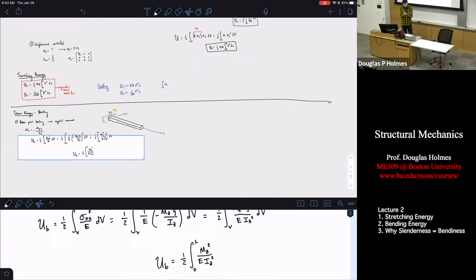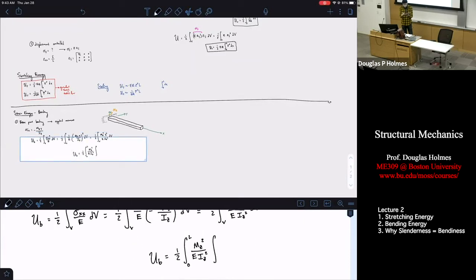But now we can take that thing and we have the integral over the area of y squared dA. Anyone remember what the thing I highlighted in orange is?